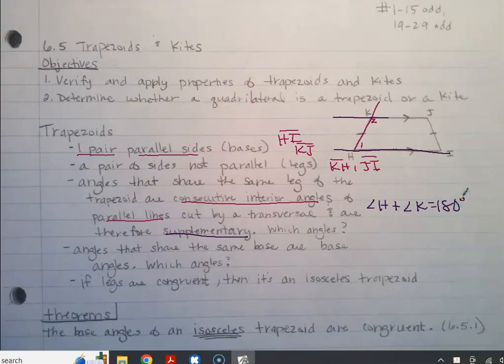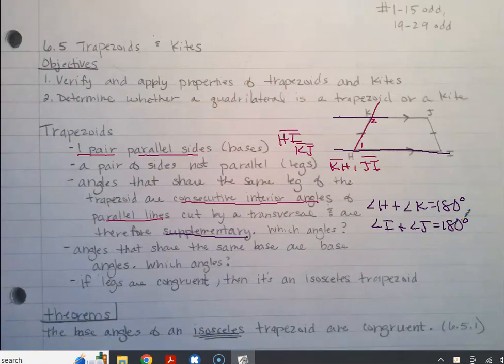What's our other consecutive interior angles? I and J. So angle I plus angle J is also 180, but it has to be that they share the leg, because the leg is the transversal that goes between the parallel lines.